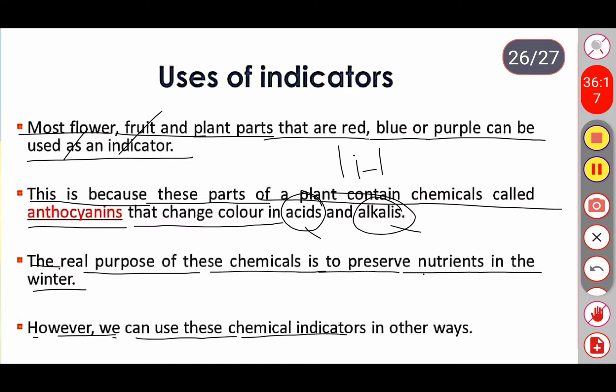We can use these indicators to identify the solution as acidic or basic, or we can also use these indicators to calculate the percentage or strength of the acidic as well as basic solutions. Or with the help of these indicators we can also identify the smell or odor. So these are some of the uses of indicators.